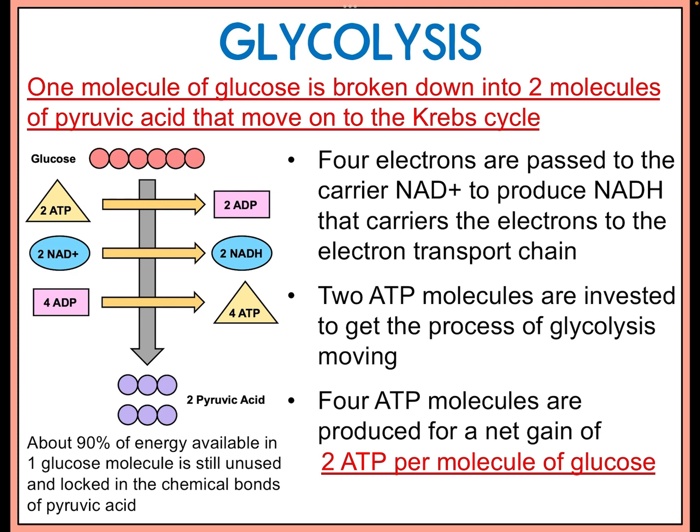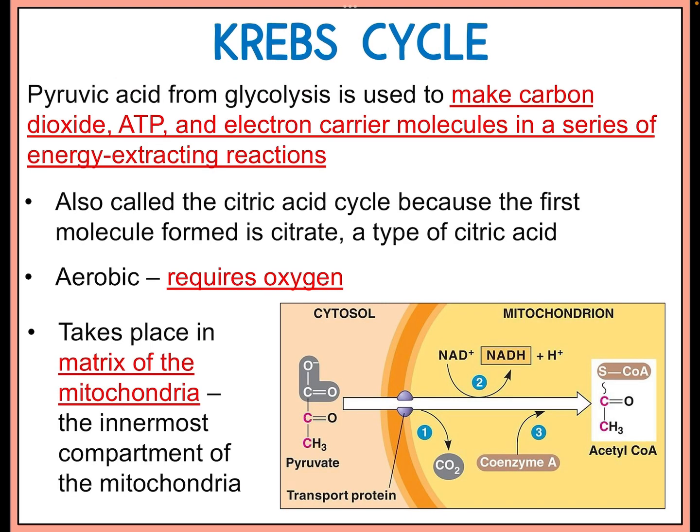About 90% of the energy available in one glucose molecule is still unused at this point, and it's locked up in the chemical bonds of the pyruvic acid. The pyruvic acid from glycolysis is used to make carbon dioxide, ATP, and the electron carrier molecules in a series of energy extracting reactions in the Krebs cycle.